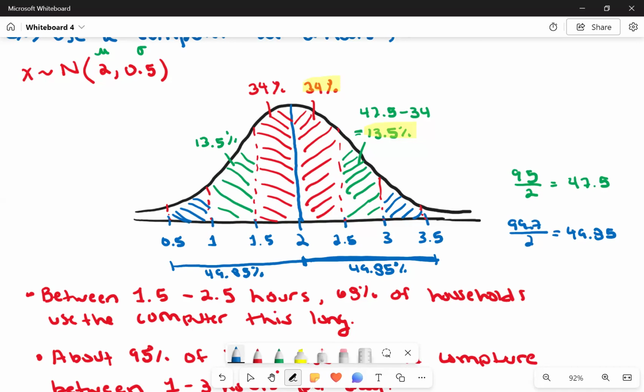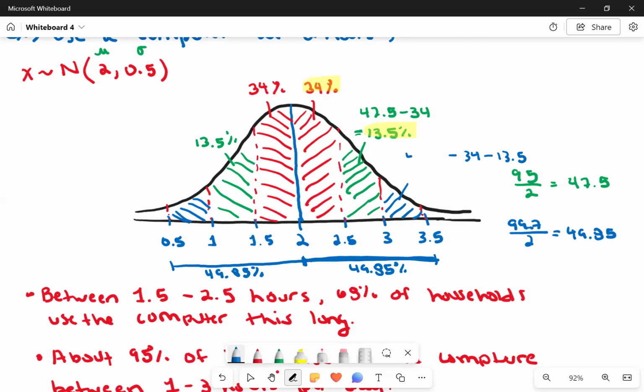All right. Now, in order to figure out the little blue area, I need to subtract the red and the green. So if I take 49.85, and subtract 34 and also 13.5. Sorry, that's really sloppy the way it's written.